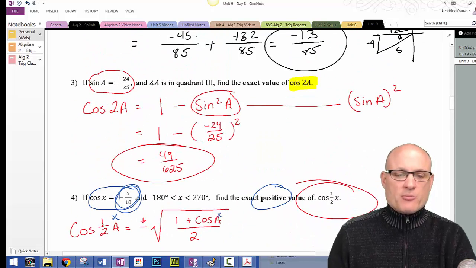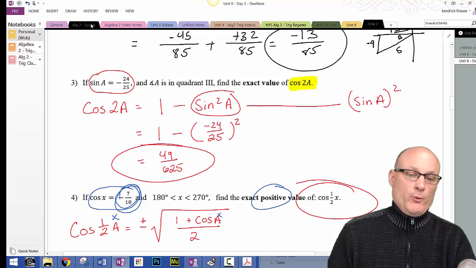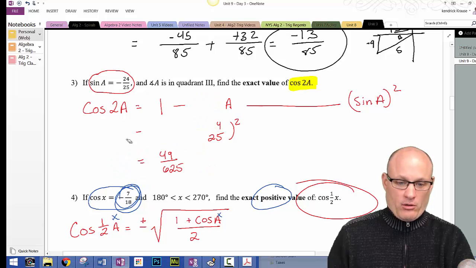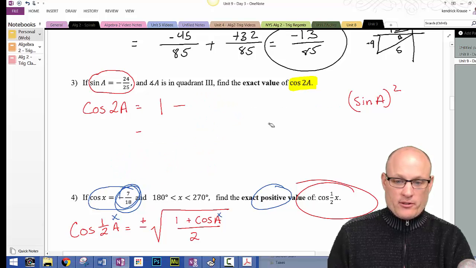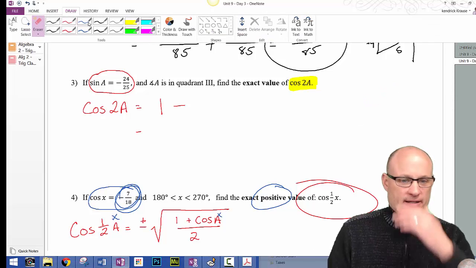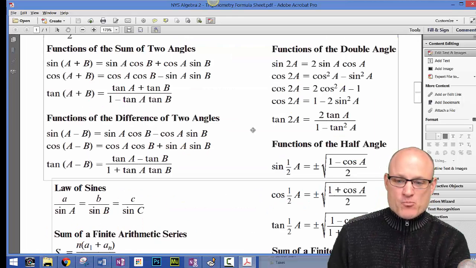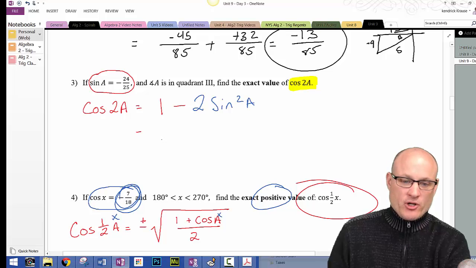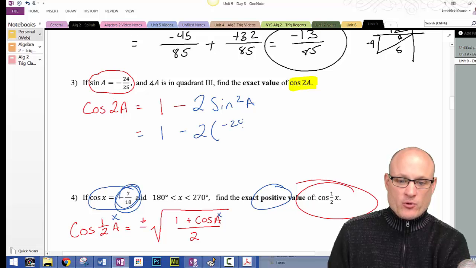All right, so let me look back at problem number 3. Sorry, kids. Wrote down the wrong formula. So remember, you want to double check your formulas. I knew that answer didn't seem right when I did it. I should have checked. Let's look back at this formula. It's 1 minus 2 sine squared a. So it's equal to 1 minus 2 negative 24 over 25 squared.